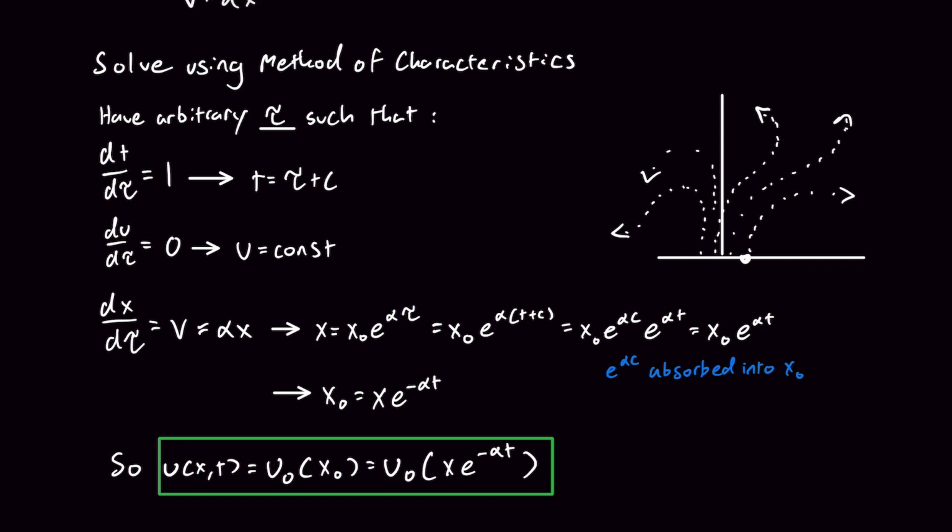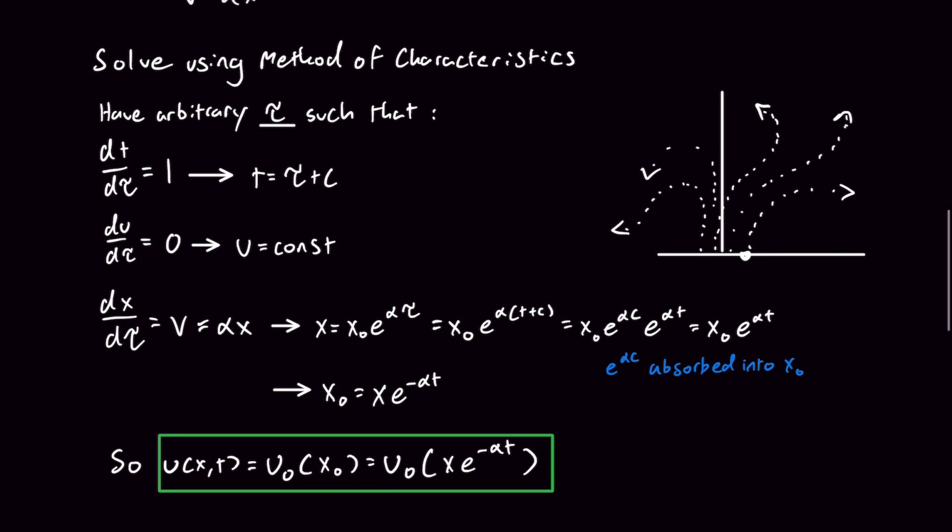Now, since this is dx d tau equals alpha x, we can solve the differential equation for this and then turn it into an exponential and plug in t plus c, which means that the initial term is going to be x0 e to the alpha c. But since x0 is arbitrary and e to the alpha c is also arbitrary, you can just merge the two terms together back into x0. And then you end up with x0 e to the alpha t.